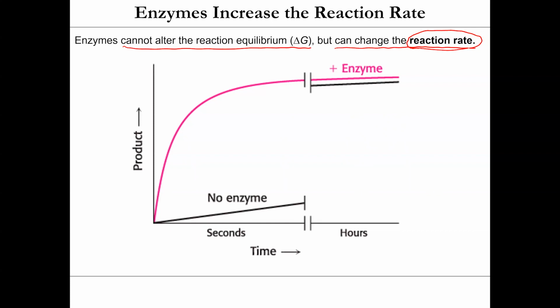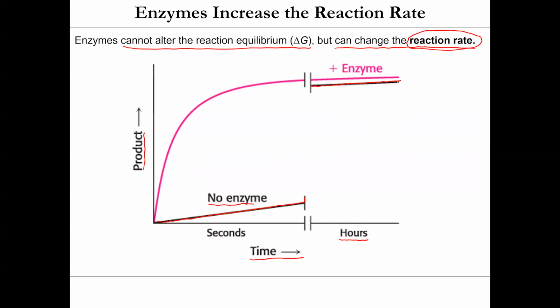Over here we have the formation of the reaction product, and at the bottom is time. When no enzyme is present, this reaction is going to occur very, very slowly and in a linear way. So it's going to keep going and keep going over seconds, and then eventually, hours after, it'll get to this level up here. So enzymes don't change how the reaction would normally go.